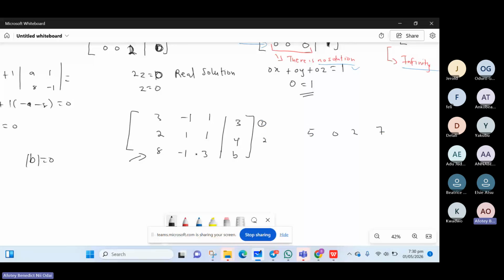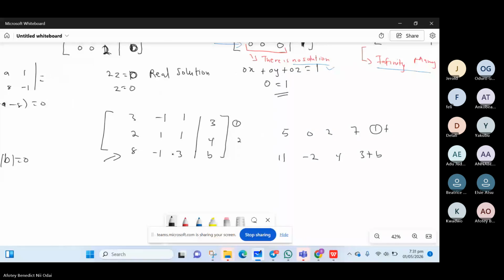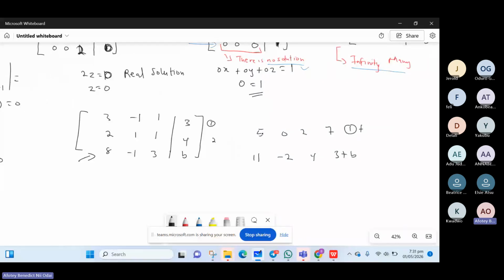The first to the third gives us 11, -1, -2, 4, and 3 plus b. So this doesn't make sense, of course. We've done 1 plus 2, and of course we've done 1 plus 3. Right, so this didn't work out.